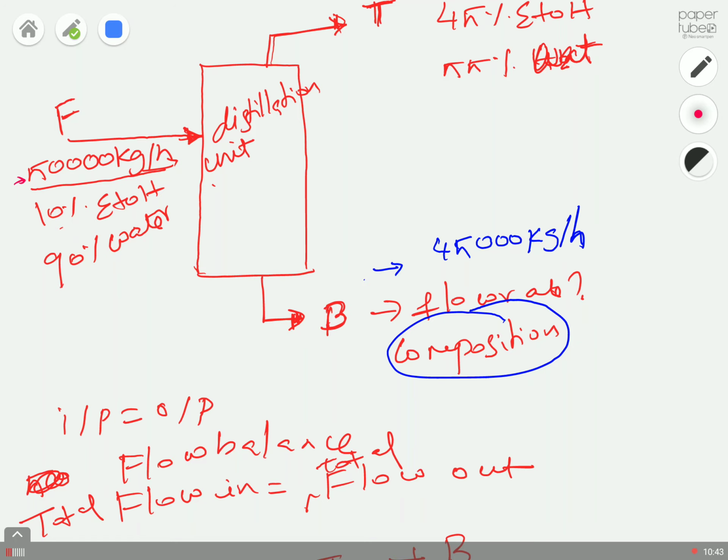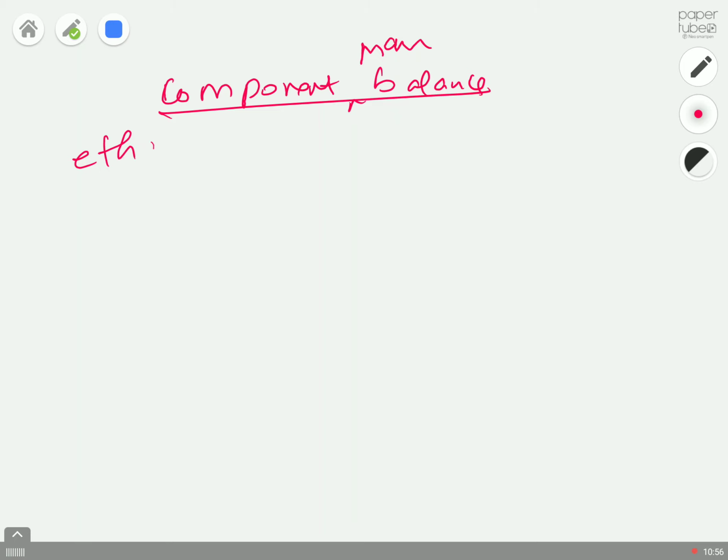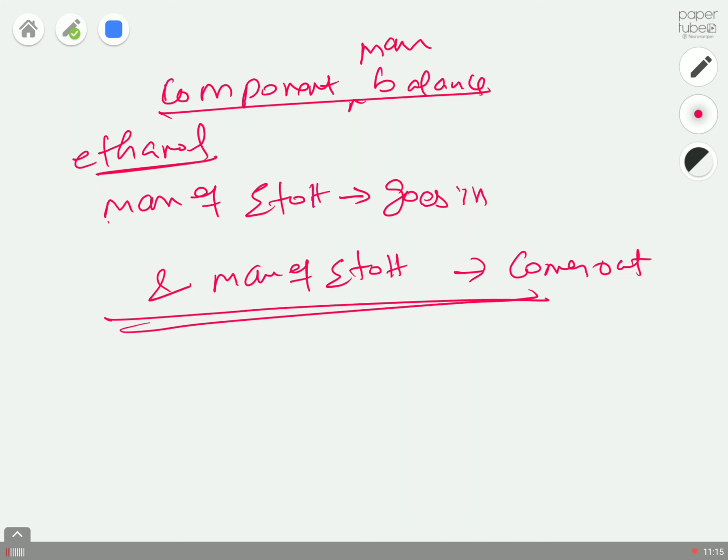So we are going to perform a component mass balance, to be precise. For the moment we take ethanol: how much mass of ethanol goes in and how much mass of ethanol comes out, so that we can calculate very easily.